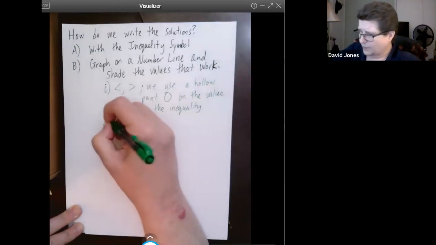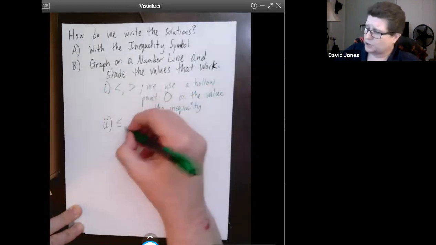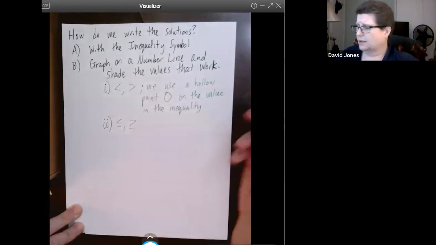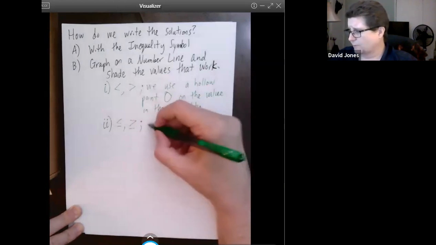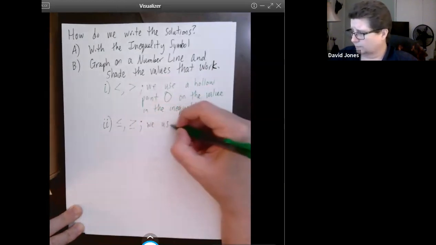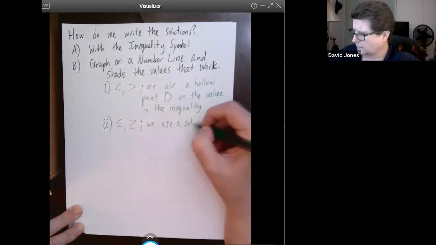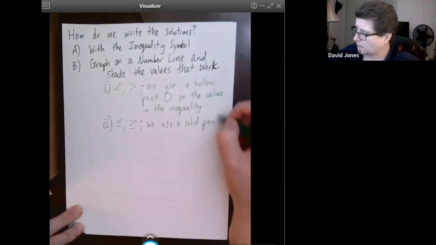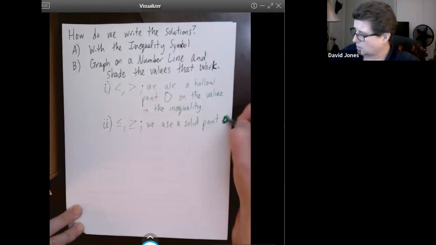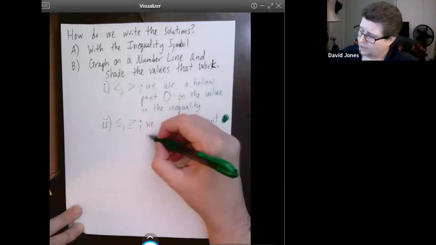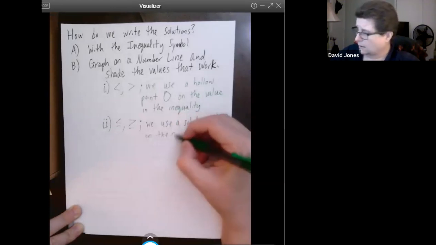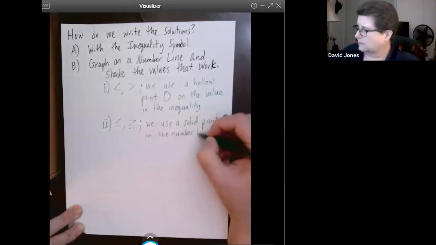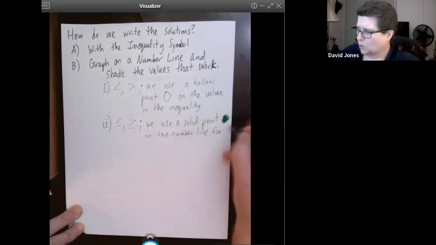And if we have less than or equal to or greater than or equal to, we use a solid point on the number line for the value in the inequality.